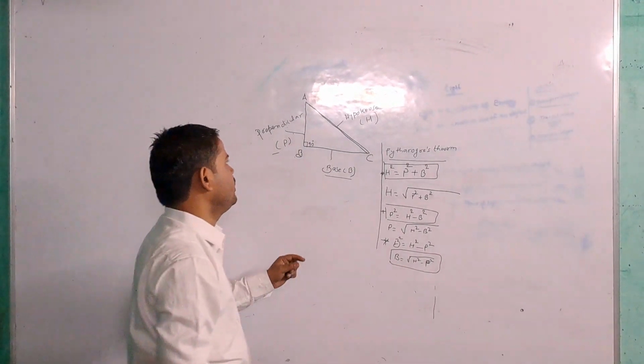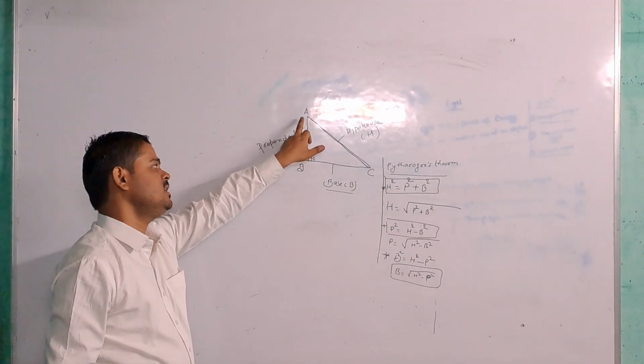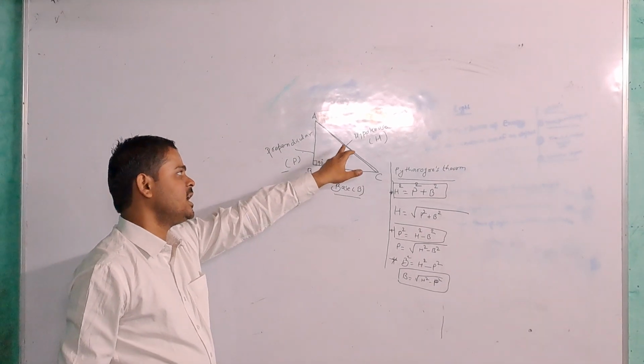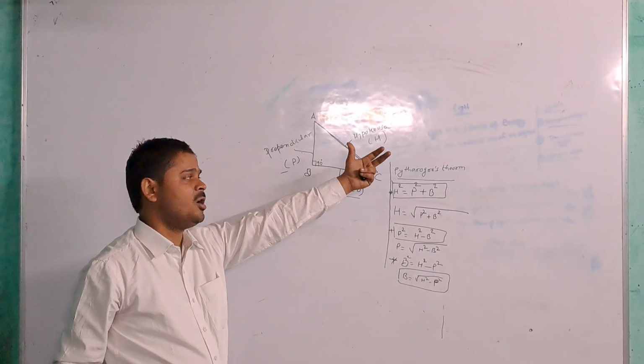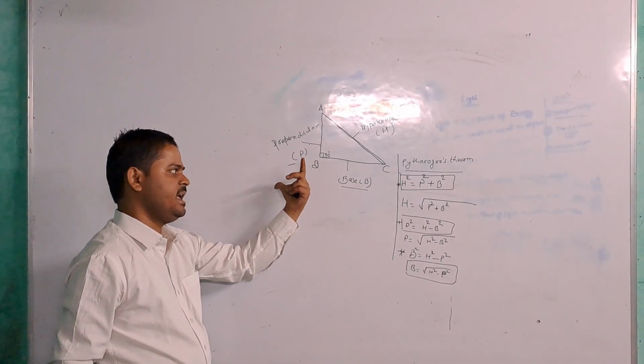So this is our right angle triangle. We name the right angle triangle ABC. In a right angle triangle, the longest side is known as the hypotenuse, here is the base, and here is the perpendicular.